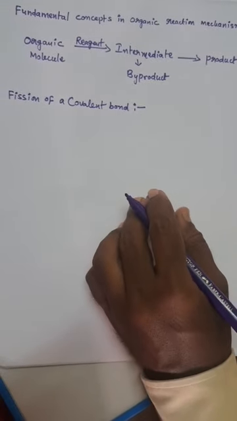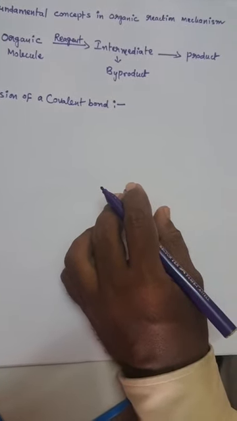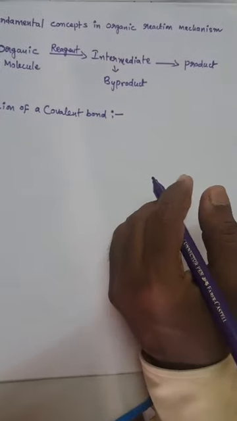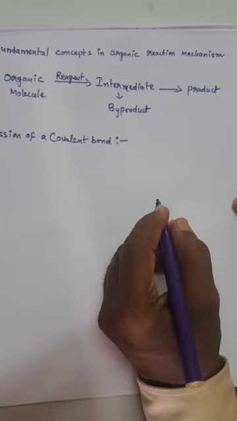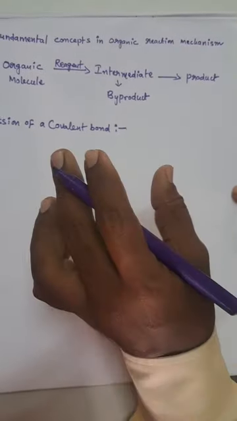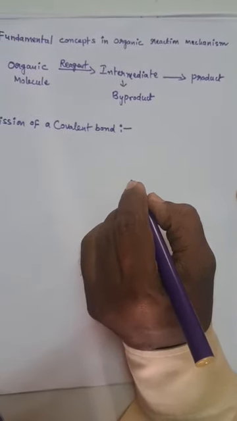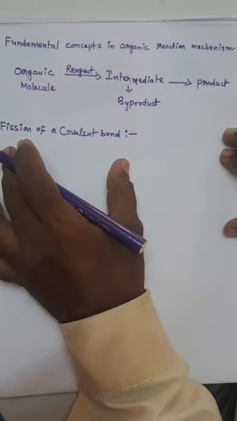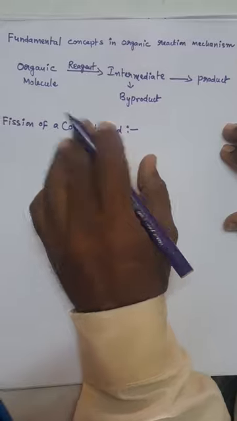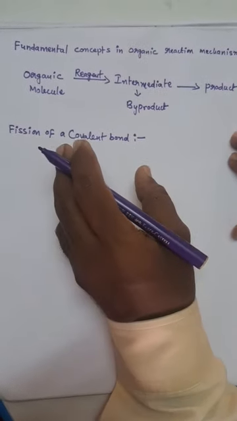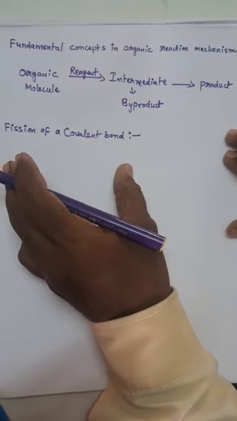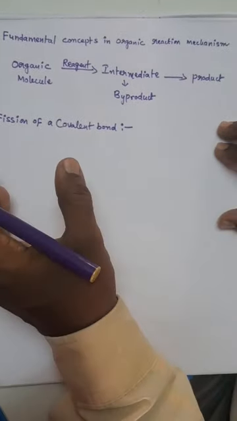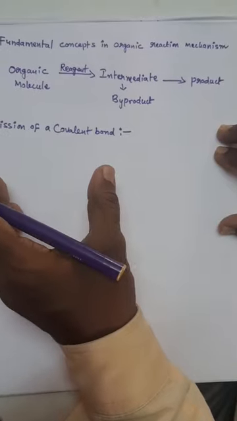Generally, any bond which forms by combining two electrons, so in bond formation there is involvement of two electrons. Here, when the covalent bond breaks, the electrons move to one side, or to both sides.